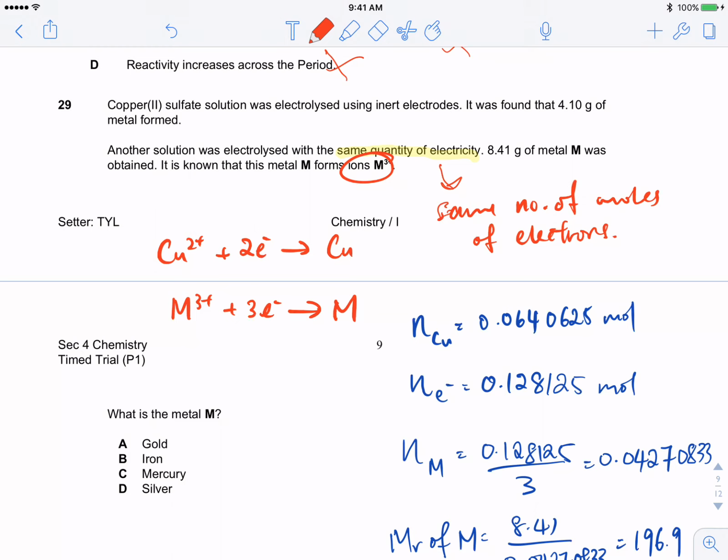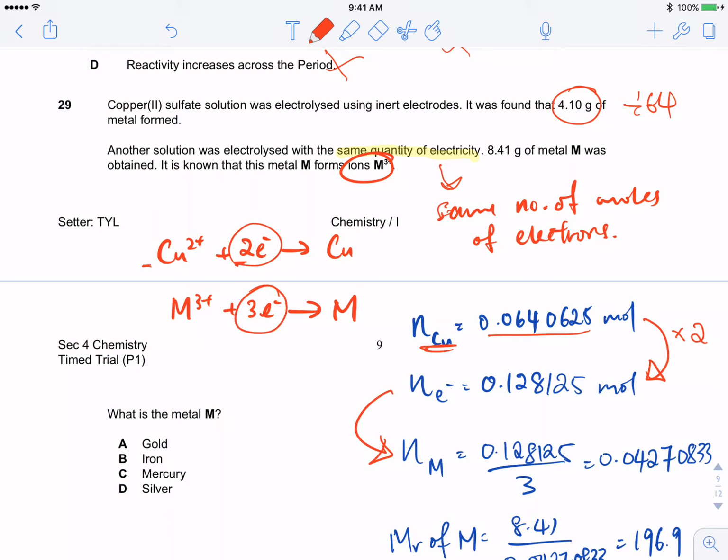So first, find the number of moles of copper that was formed. I take 4.10 divided by 64, and I get this number of moles. The number of moles of electrons, you know the ratio is 1:2, therefore I just times 2. Now this quantity is the same as stated in the question.